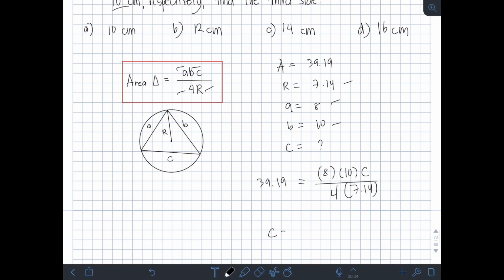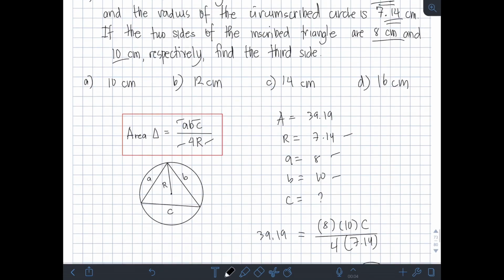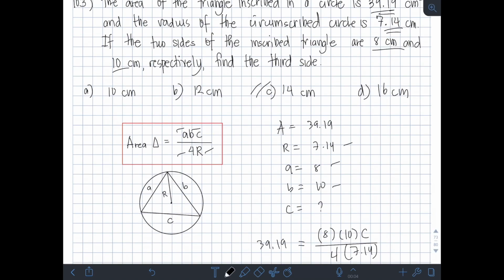So, therefore, C is equal to, using calculator, shift solve or manipulate nyo yung equation, ang value ni C is, so C is 13.99 or approximately 14. So, the answer is letter C.